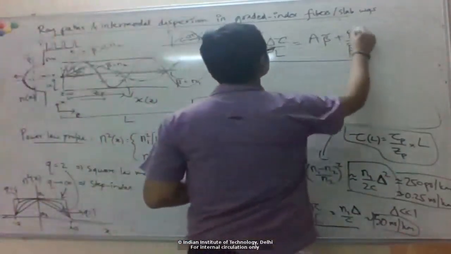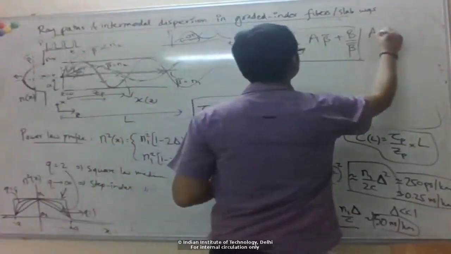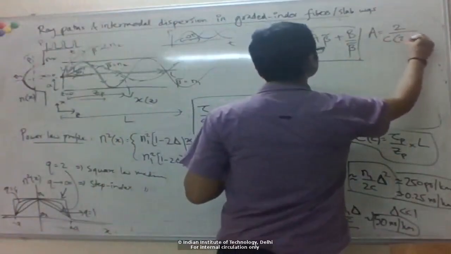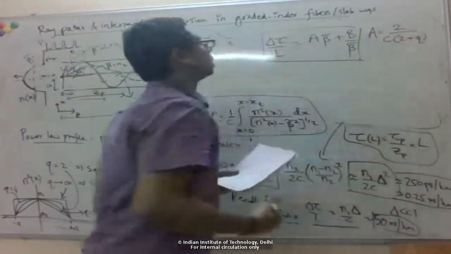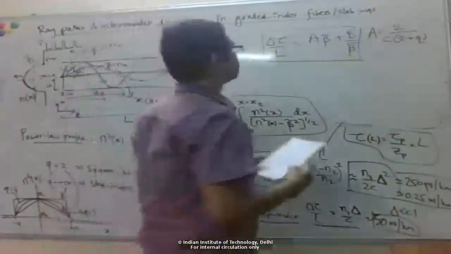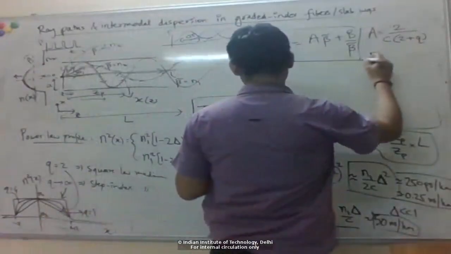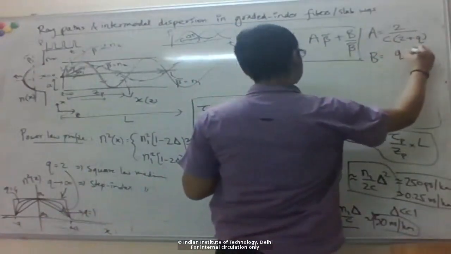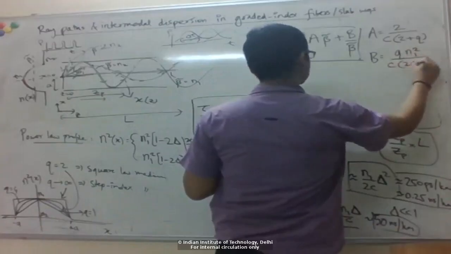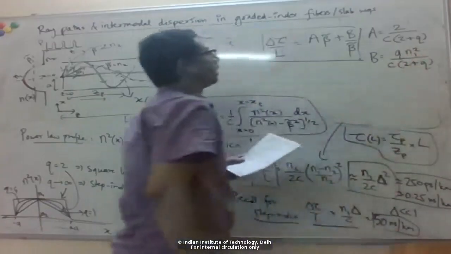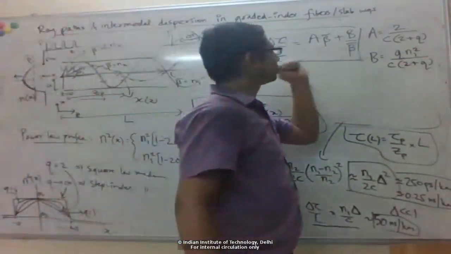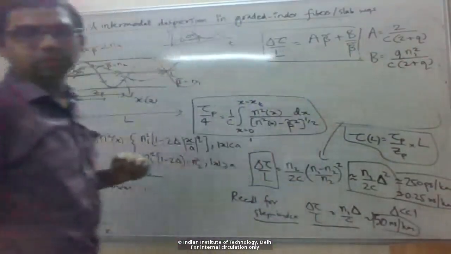So again, q equal to 2 will be the square law medium. But for any general q, that is the expression we end up with, with a and b given by those constants.